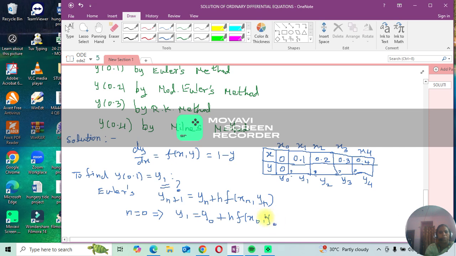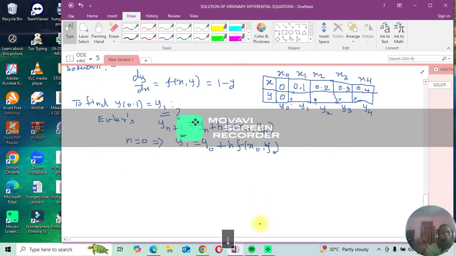Now we substitute what is available. H is available. What is the h value? The interval difference in x is 0.1. Therefore h is equal to 0.1, or we can say that delta x is 0.1.